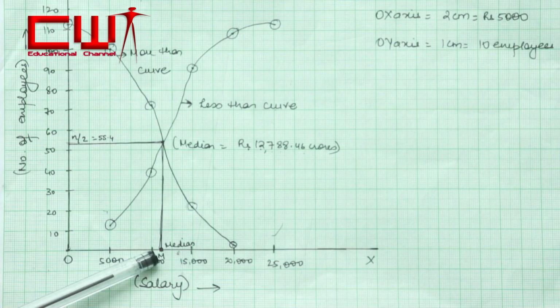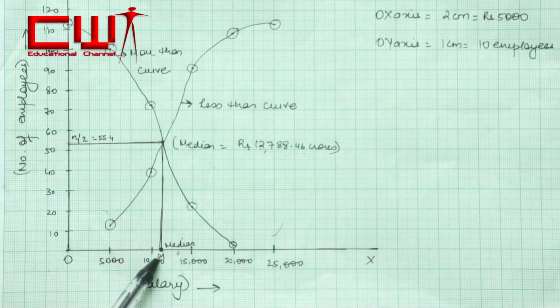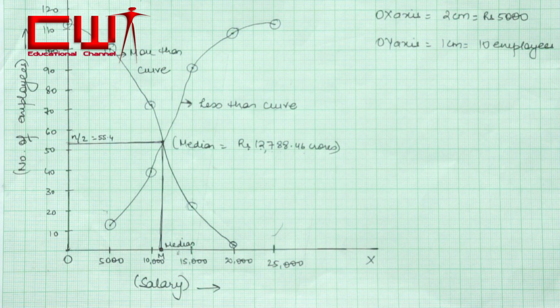Down to the OX axis, it will be somewhere around 12,000. That is the median. So this is how you calculate the median with the help of more than and less than frequency curves. This is supposed to be the first question of the exercise. The rest are all the same. Just make sure you do all the problems with the help of this question.